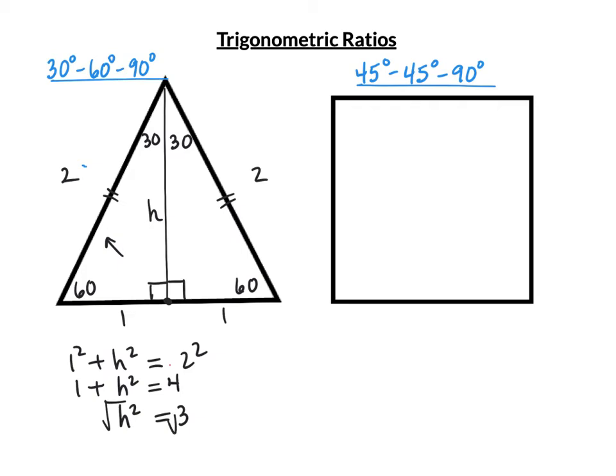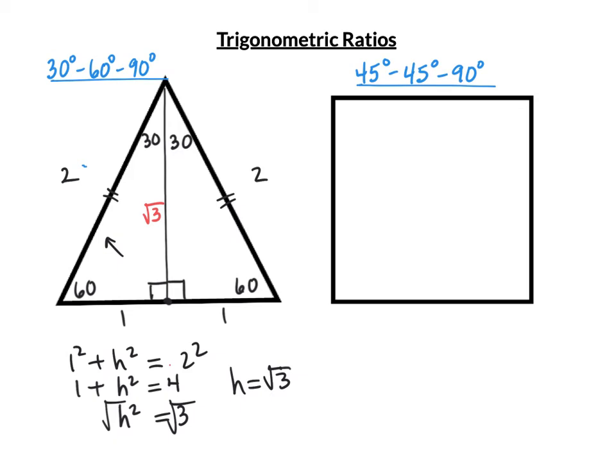And square root, we see that h is root 3. You might remember that we called the sides 2t, t, and t root 3 because every other triangle was similar to that triangle. It was some multiple of that triangle. But here in trigonometry, we're just going to use the sides 1, 2, and root 3.